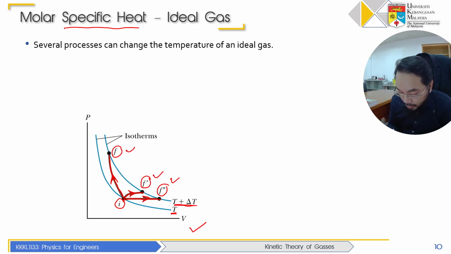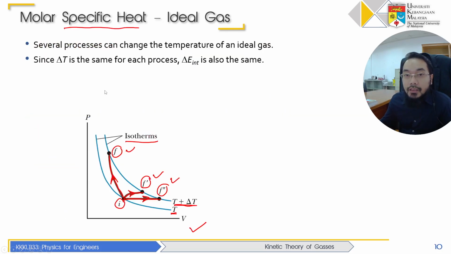It's because all of them lie exactly on the isotherm of T plus delta T. Therefore, since delta T is the same for each process, the change in internal energy must also be the same, because we have established that internal energy is proportional to T only. It's determined by T.